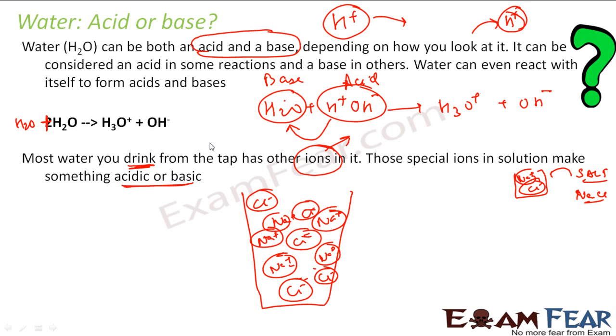So the distilled water is both acidic and basic depending on the reaction, and also on the types of ions which are there in the water, because most of the water we drink is not distilled water, it has some ions in it. So those ions also define the acidic or basic property of the water.